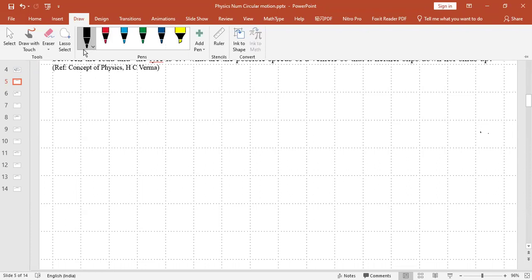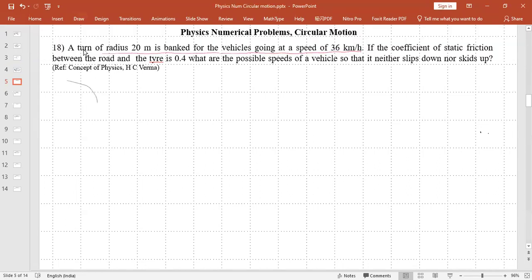It shows that there is a turn on the road, and the turn radius is 20 meter, and the turn is banked. That means there is a banking, as you have seen in your textbook. The road is banked by an angle say theta. And it says the speed is 36 kilometers per hour.